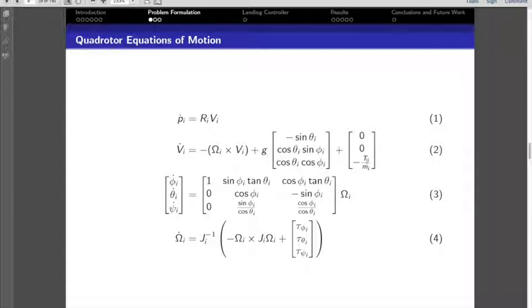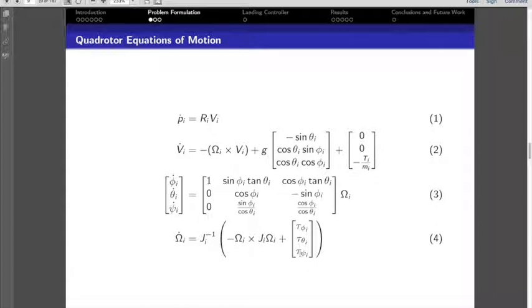Ti is the torque, and then this is how the phi dot, theta dot, psi dot is related to the angular velocity. This omega is the angular velocity of the aircraft, which is measured using a gyro, and this is the angular acceleration. And these T phi i, T theta i, T psi are the different torques that are generated by motors, the rotors on the quadcopter.